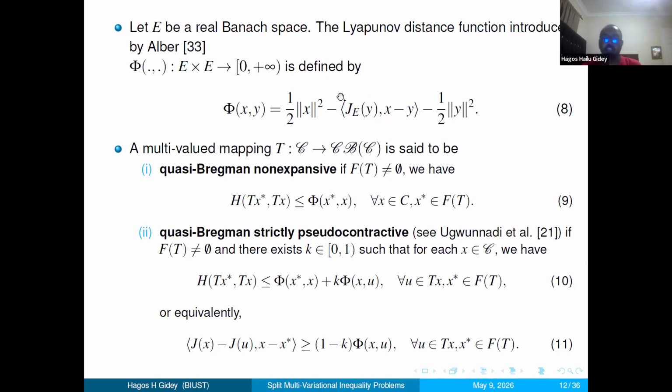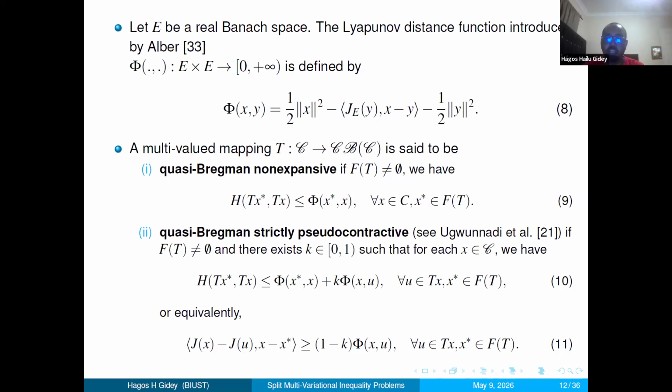If the Hausdorff distance is less than or equal to the distance, we call it quasi-Bregman nonexpansive. And if you find k, an element of 0 to 1, such that the Hausdorff distance is less than or equal to the sum of these two, we call this quasi-Bregman strictly pseudo-contractive.